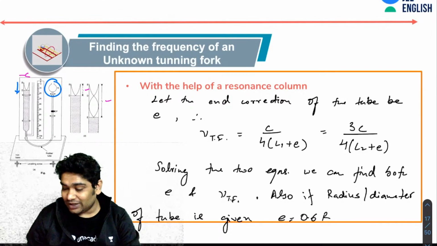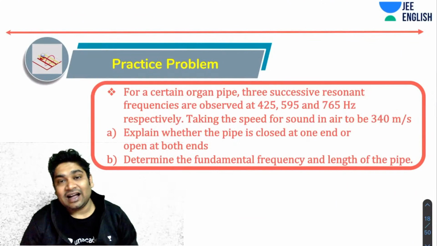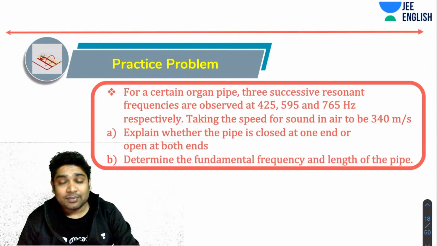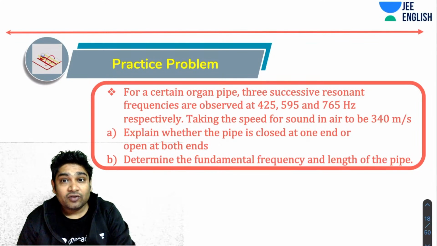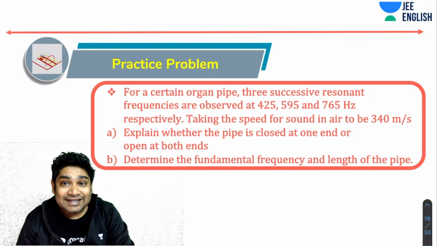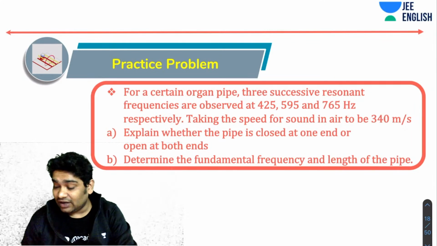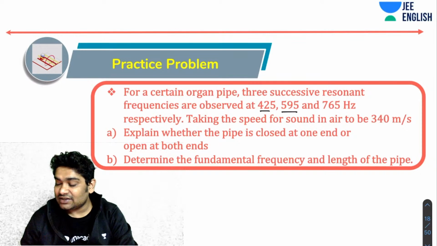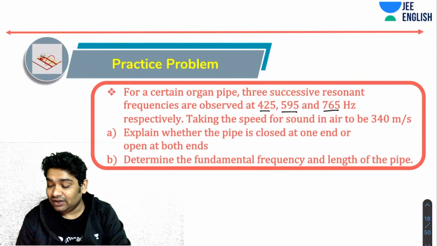Why don't we solve some problems and then let's see how to actually solve problems from these topics. Okay. So here is a problem which says for a certain organ pipe, three successive resonant frequencies are observed at 425, 595, and 765 hertz respectively.